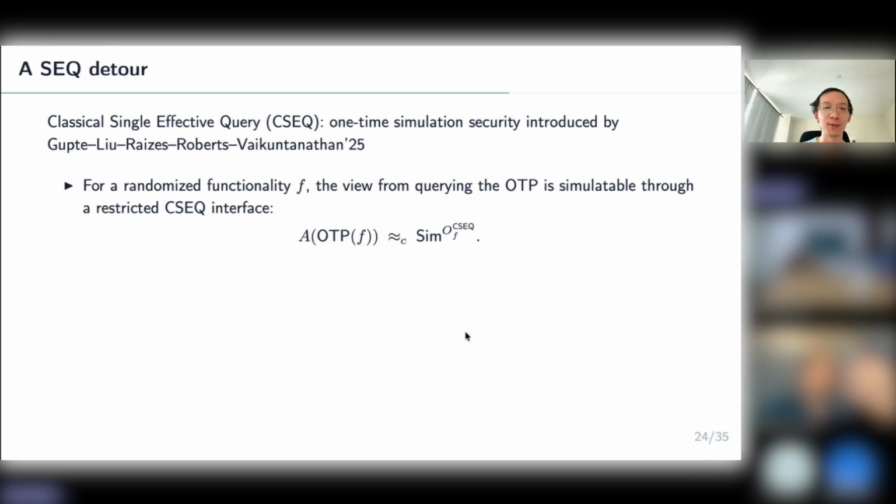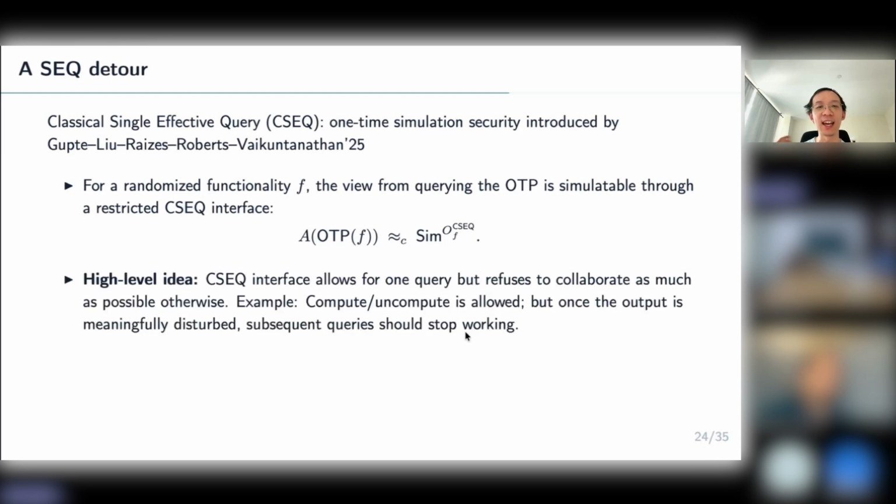So you don't get to query the full F, but you only get to query a restricted interface. The idea of this interface is that it will allow you to do one single query to F, but if you want to do anything else, it's going to refuse to collaborate as much as possible.